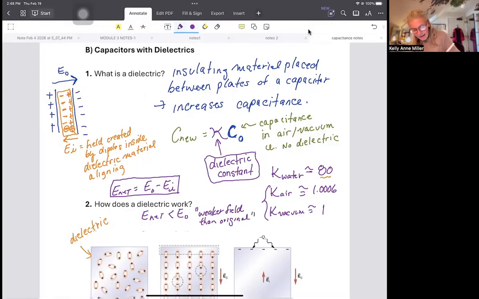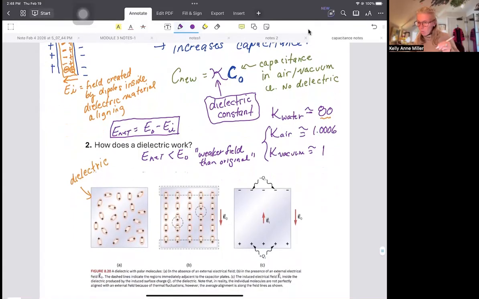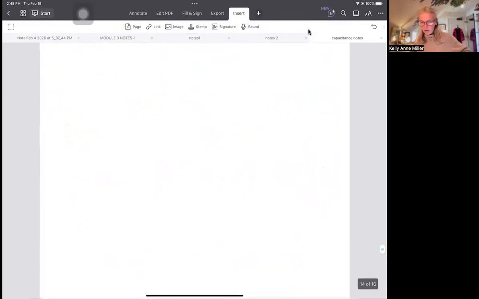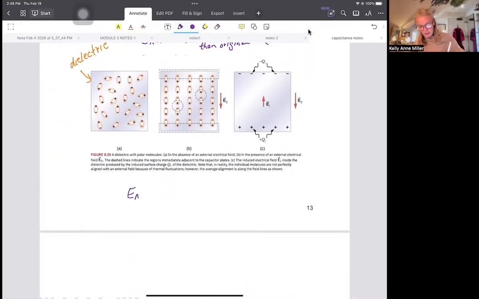Okay. So how does this connect to an increase in capacitance? Maybe I should insert a page here. Let me just write it here so that it's not so messy. So we're saying that the E net is the E naught minus the E I. And the E net is always weaker than the E naught.